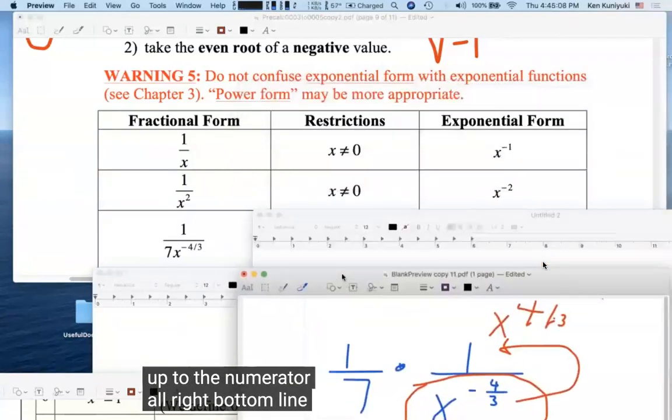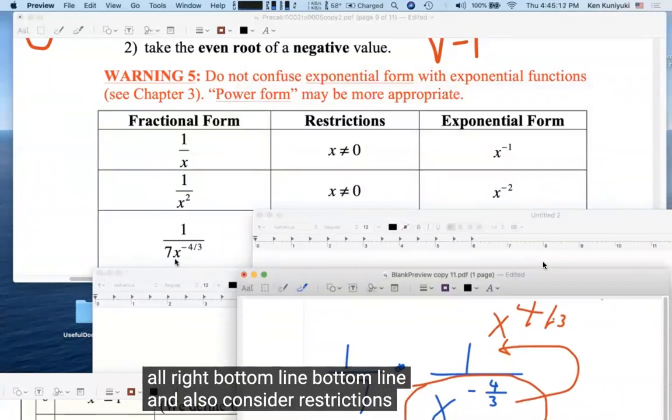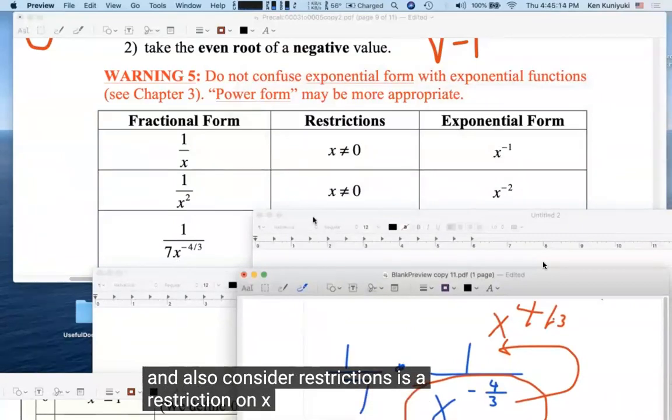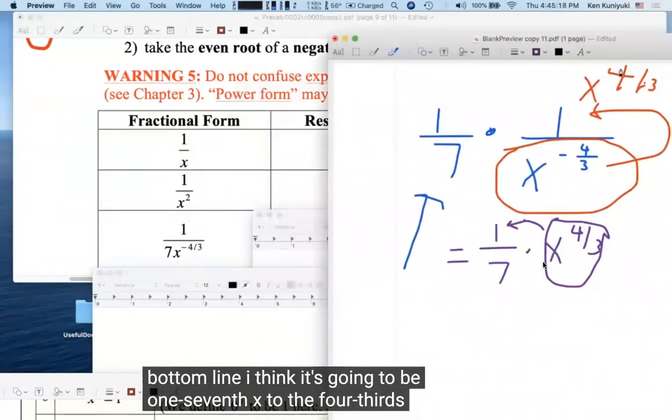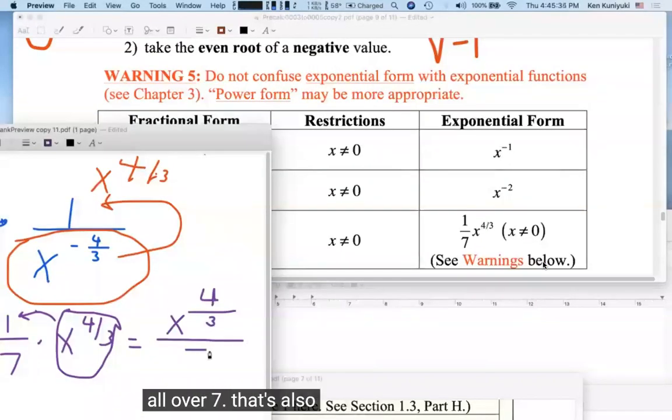Bottom line, and also consider restrictions. Is there a restriction on x? I think it's going to be 1/7 x to the 4/3. And again, if you wish, you can rewrite this as a single fraction, x to the 4/3, all over 7. That's also acceptable.